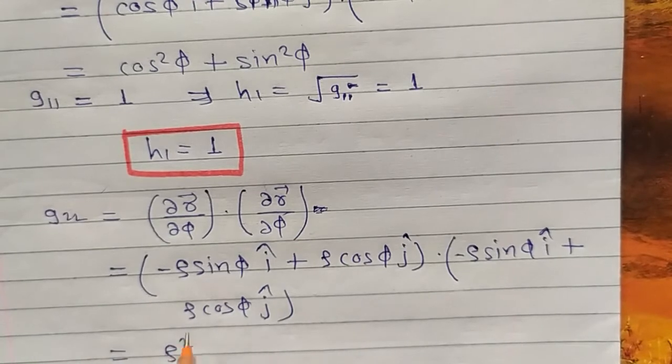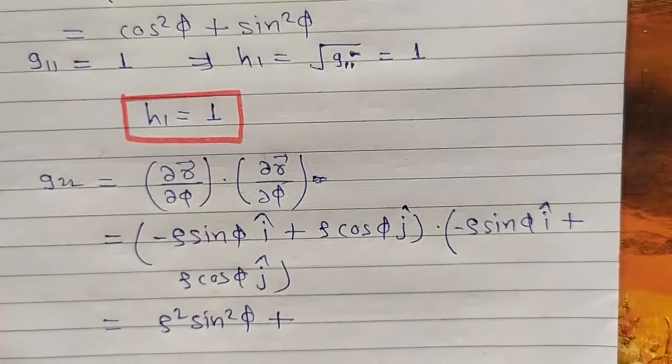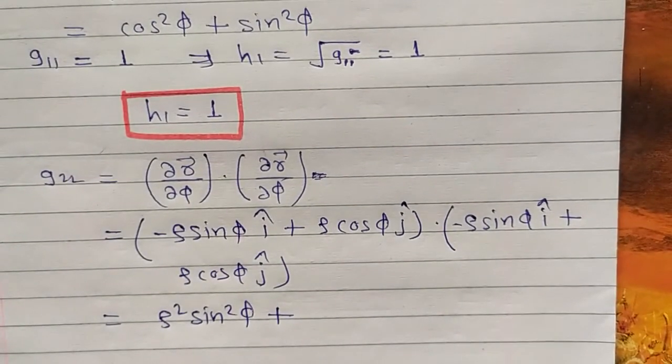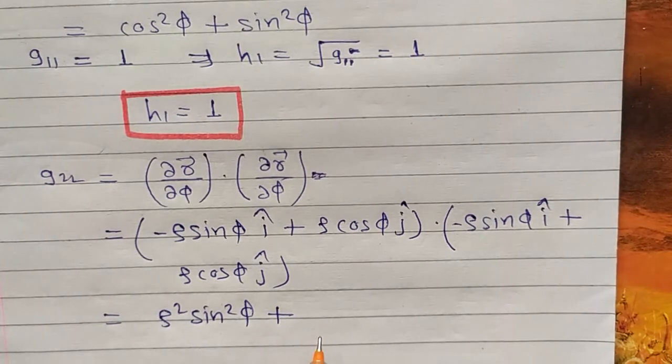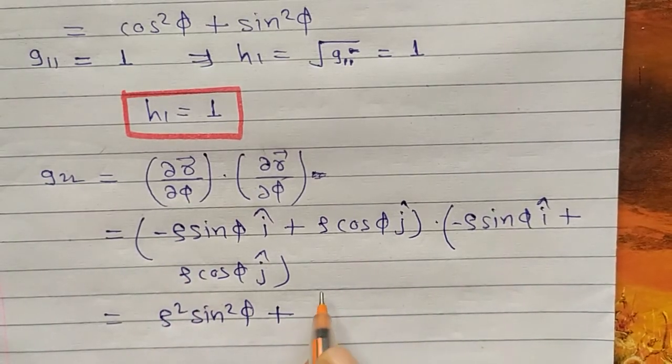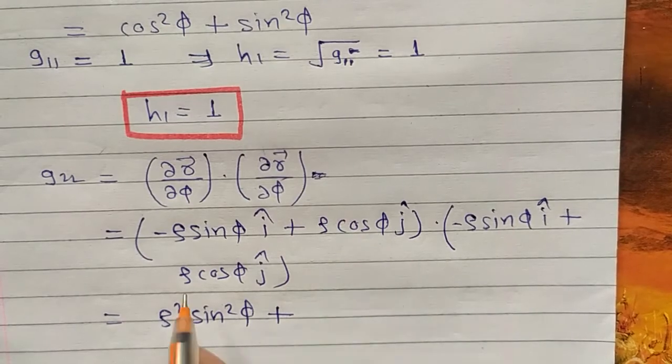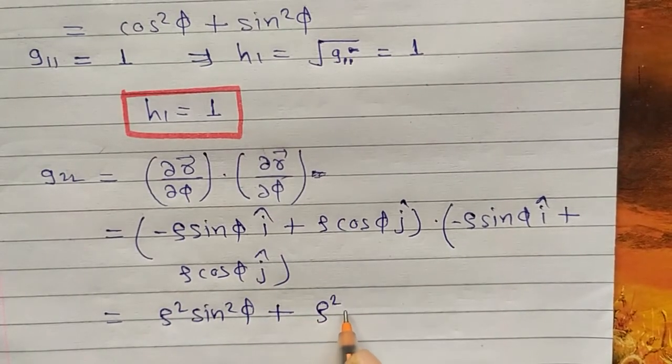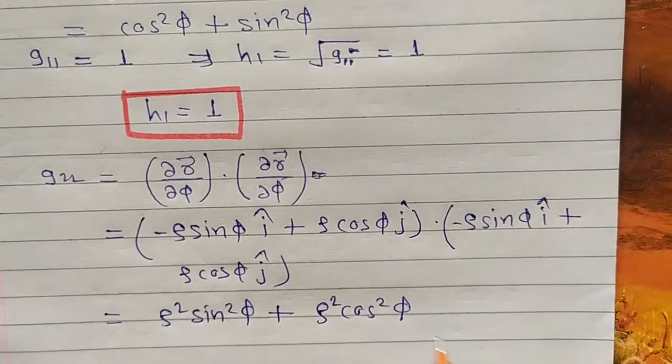It will be rho square, rho into rho is rho square, negative times negative is positive, and then sin square phi plus... remember, whenever we are taking a dot product, the direction will not be there. We get only a scalar as the result of a dot product. While taking the dot product there are directions, but the result will not contain any direction. Here rho cos phi into rho cos phi will be rho square cos square phi.